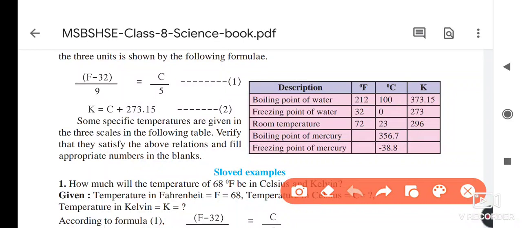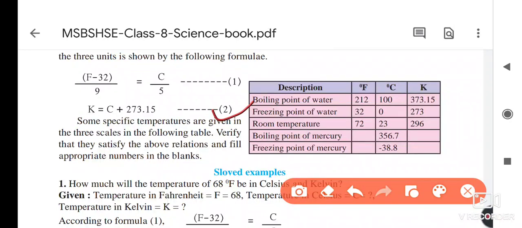So here we have the freezing point of water. As we know, the boiling point of water is 100 degrees Celsius and the freezing point of water is 0 degrees Celsius. So if we calculate the relations, the boiling point of water measured in degree Celsius is 100, in Fahrenheit 212, and in Kelvin 373.15.